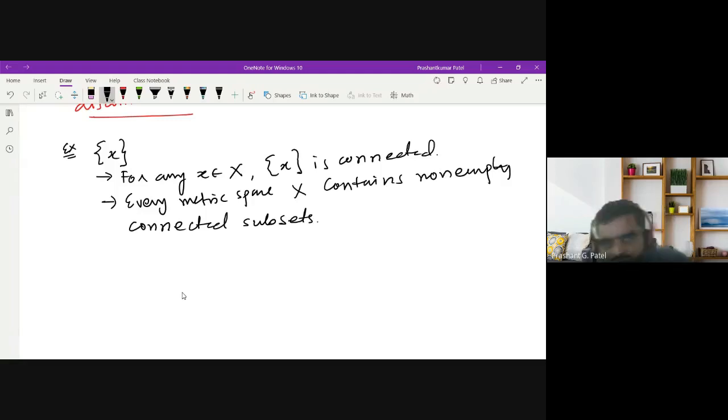So if you consider any non-empty set, then it always has a connected subset. Due to this, a singleton set is connected. The other note we can write is that the empty set is always a connected set.